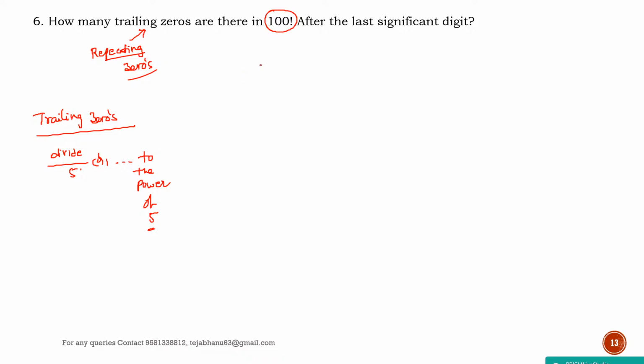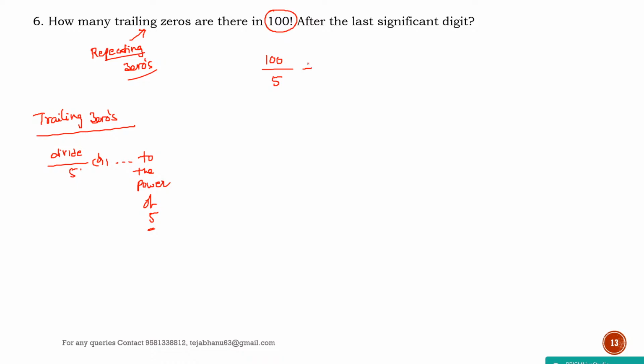See, 100 factorial. If you want to get the trailing zeros, just divide the given number by 5 and the powers of 5. Now have a look. That is 100 by 5.